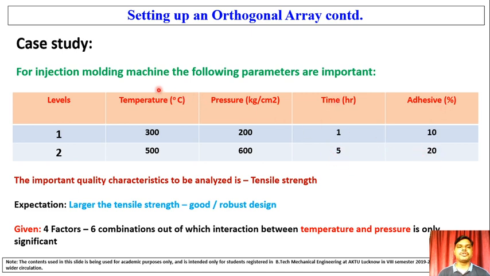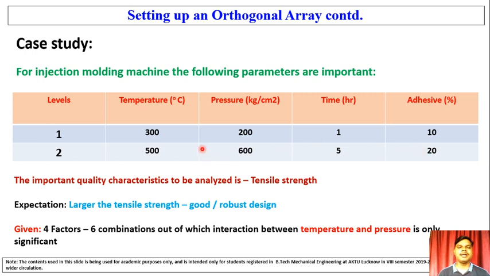So somebody wants to do an injection molding experiment or process. So these are the two sets of parameters on which he wants to get the response. So as we can see, for level 1 these are the lower values. So lower temperature, higher temperature, lower pressure, higher pressure, less time and more time, and less percentage of adhesive and more percentage of adhesive. So he wants to check for these two conditions.